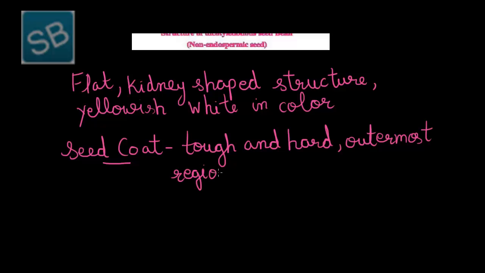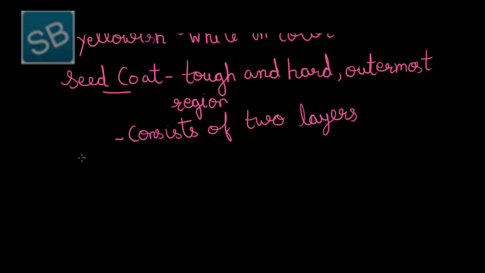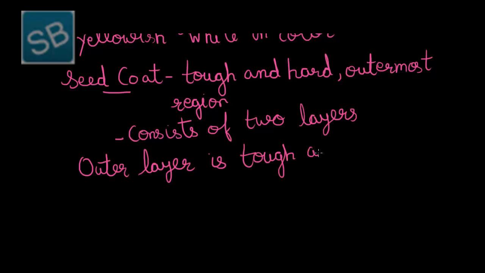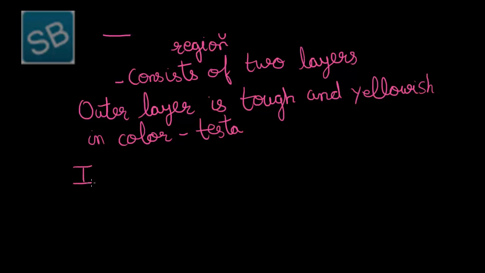A seed coat in a bean seed consists of two layers. The outer layer is tough and yellowish in color, which is known as testa, and the inner layer, which is called tegmen, is thin and transparent.